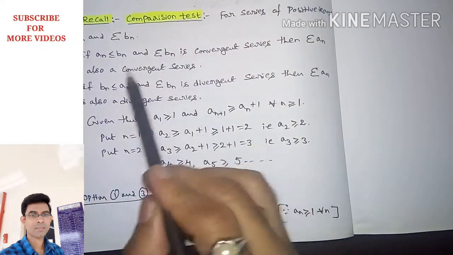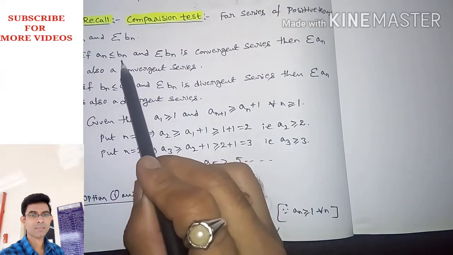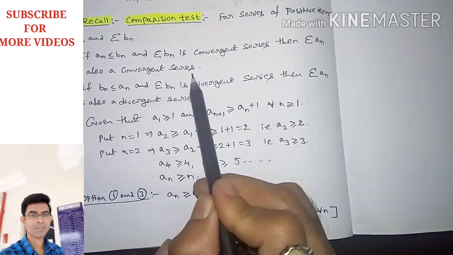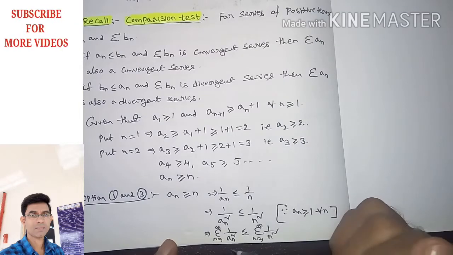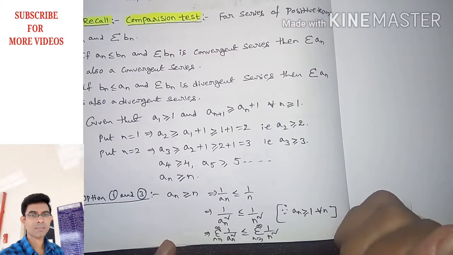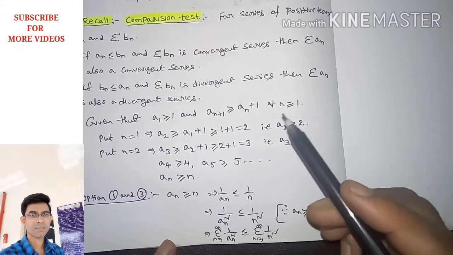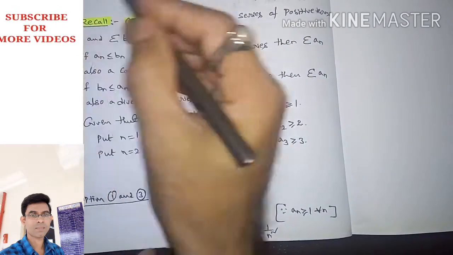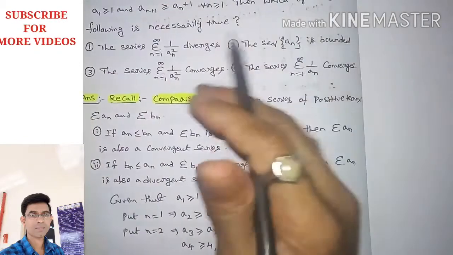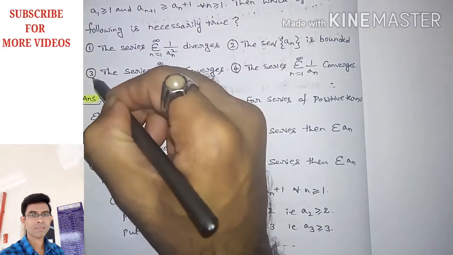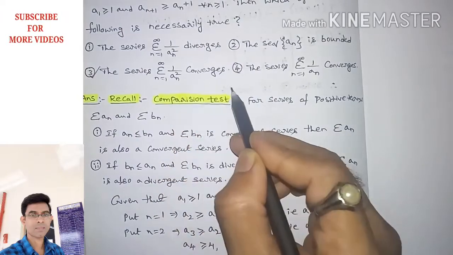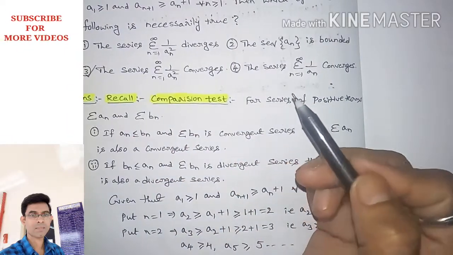Now by using comparison test, that means this bigger term series sigma b_n is convergent, then sigma a_n is also convergent. So we have summation 1 by a_n square is also convergent. Therefore our option number 3 is correct. That means the series 1 by a_n square is a convergent series.